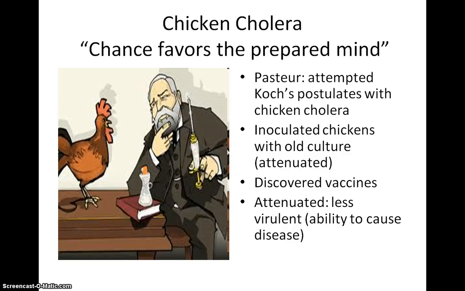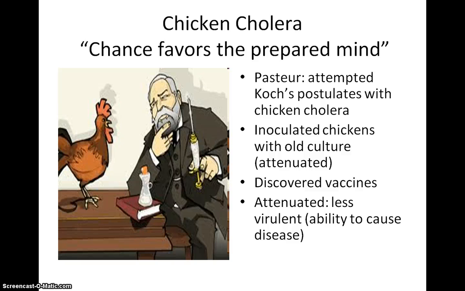So he took a culture and he left it in the lab for a significant period of time. And when he went to re-inoculate his healthy chickens to make them sick, he used a very old culture that had been sitting on the shelf for a while, and he noticed that the chickens didn't get sick.